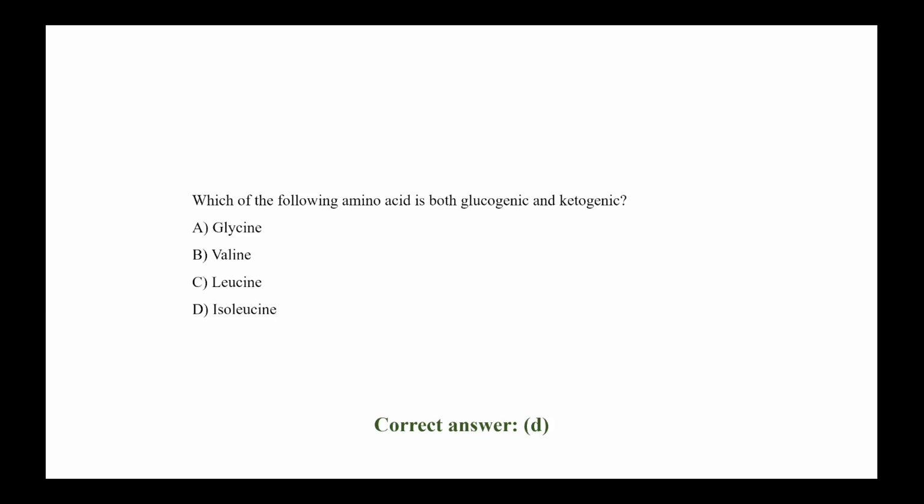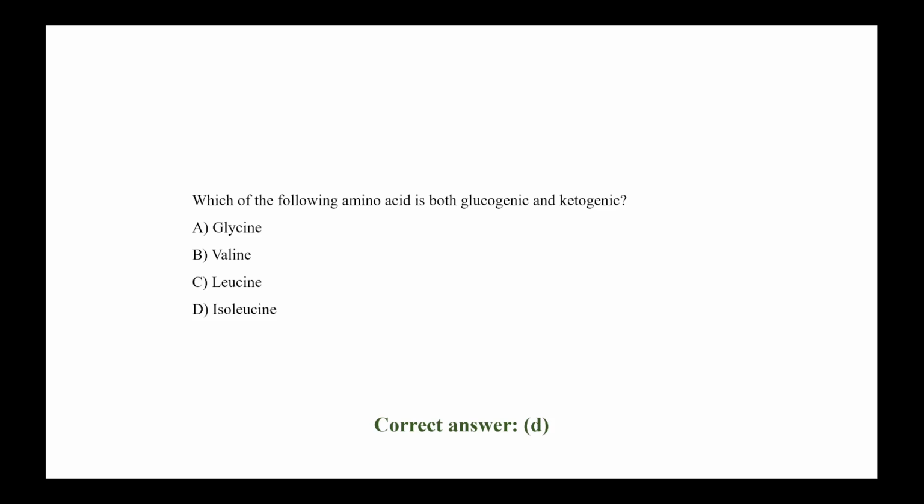If you remember the ketone body synthesis from acetyl coenzyme A, we get the ketone body acetoacetate produced. And it can also enter the glucogenic pathway by entering the TCA cycle. Leucine can only enter the metabolic state by the acetyl coenzyme A pathway, whereas glycine and valine are glucogenic substrates.